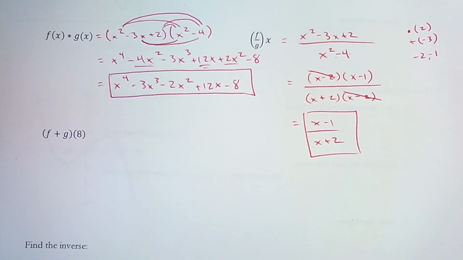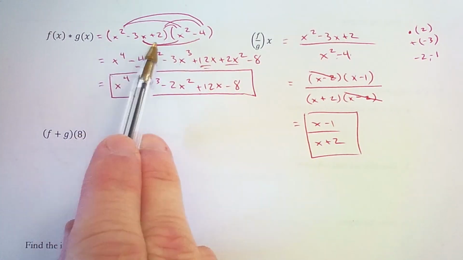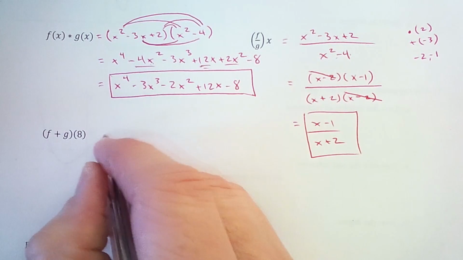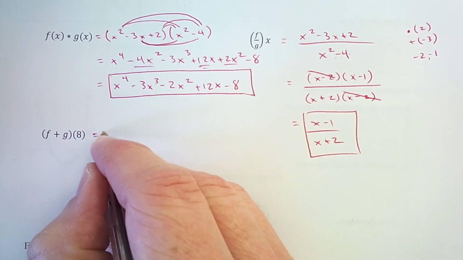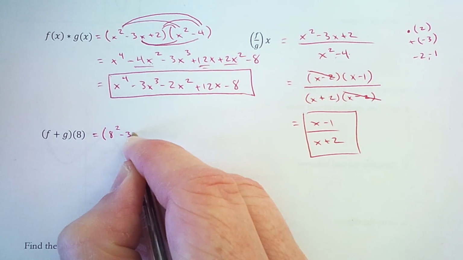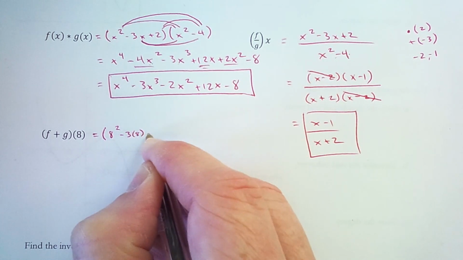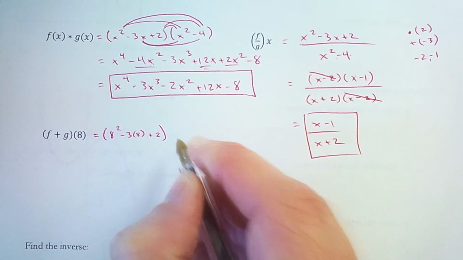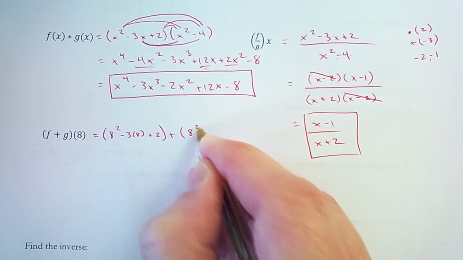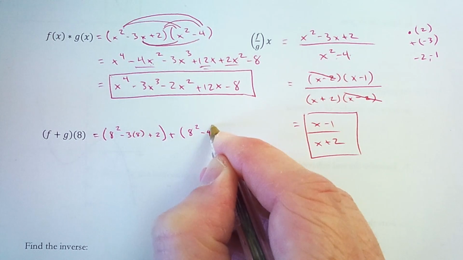Next, we have f plus g of 8. Okay, so it's f of 8 plus g of 8. Okay, so here's function f right here, and I'm going to have to put 8 in for the x's. So I have 8 squared minus 3 times 8 plus 2 plus 8 squared minus 4.